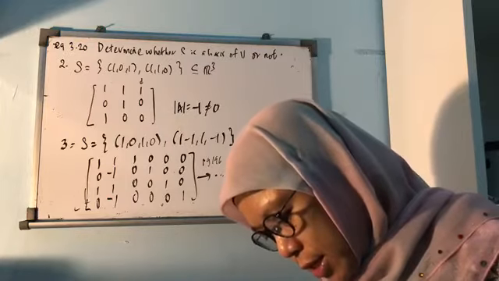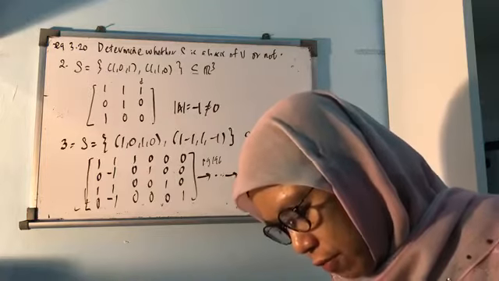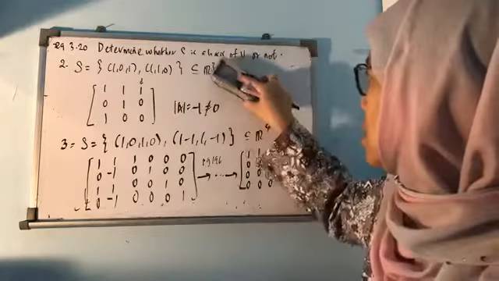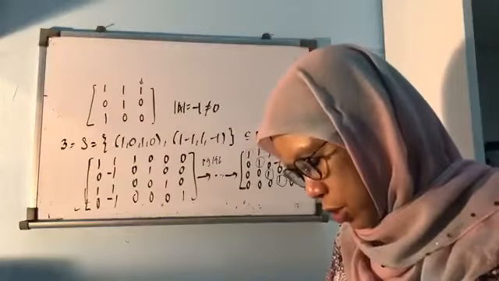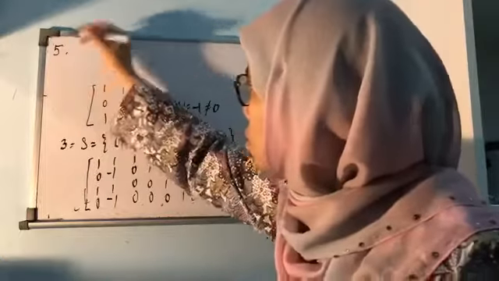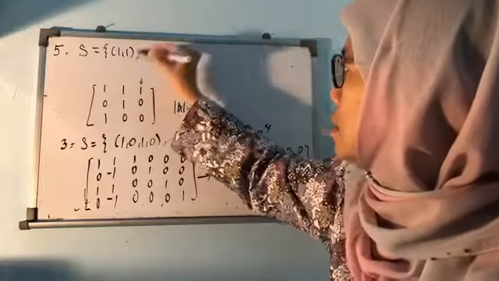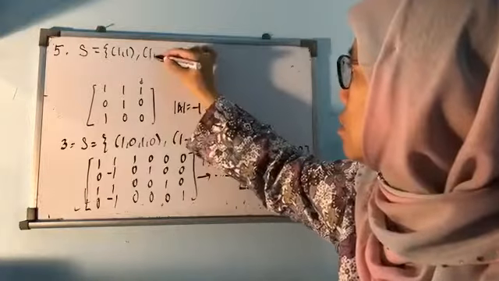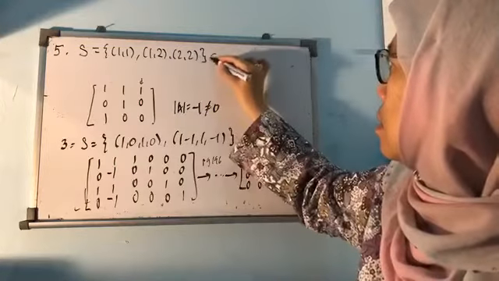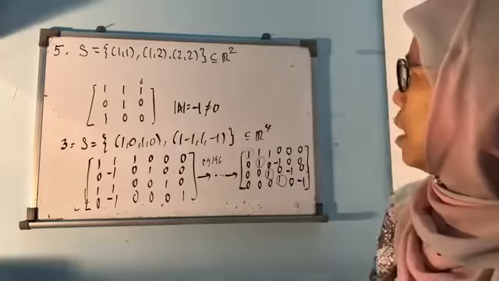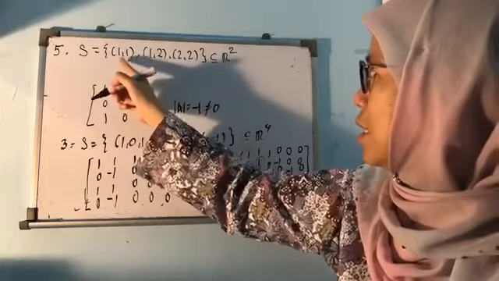Number 4 is similar. Okay, number 4, it does not span because 2 is not enough. Last question is a little bit different, because last question it's more. Okay, S is 1 1, 1 2, 2 2 in R2. Why is it R2? Because 2 components. Although this is 3, each one is 2, right?